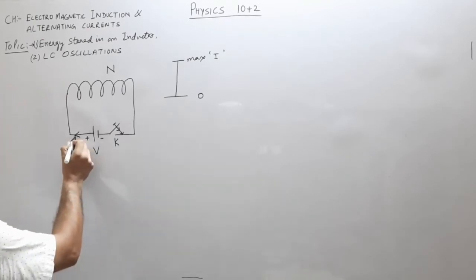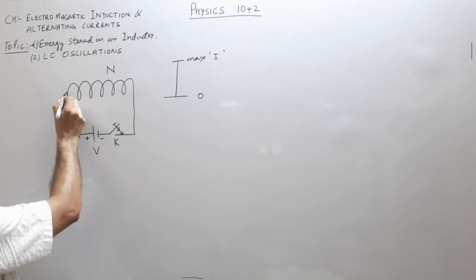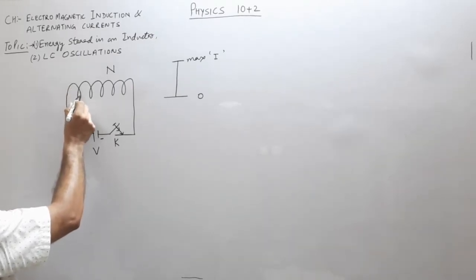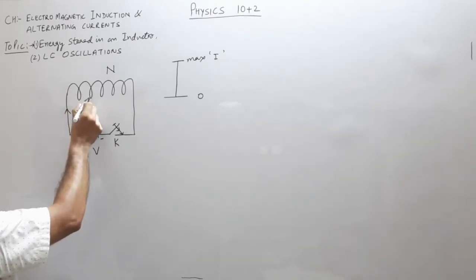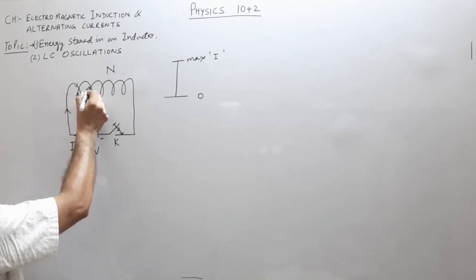So imagine that current I flows through this wire, and the coil here is clockwise. So current flows like this.